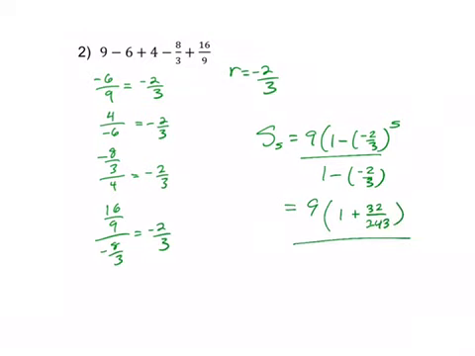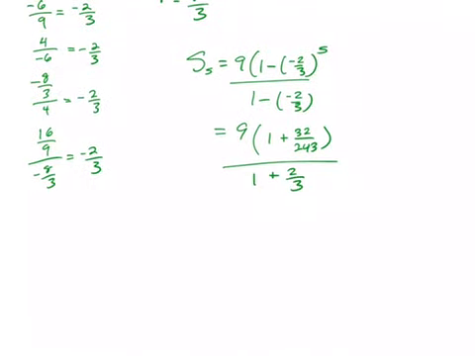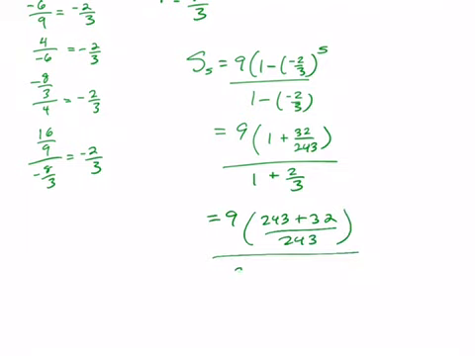Divided by 1 plus 2/3. So in this case, I'm going to find a common denominator. So I have 9 times 1, 2 times 243 plus 32, divided by 243, divided by 3/3 plus 2/3.